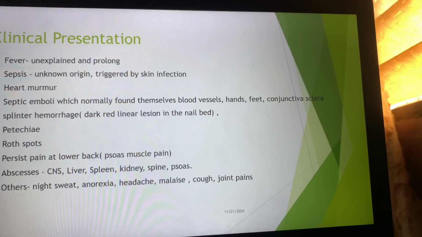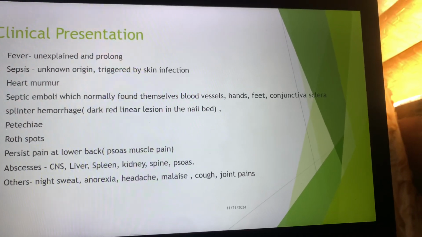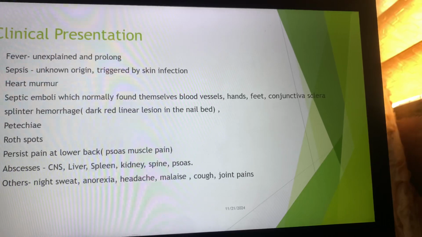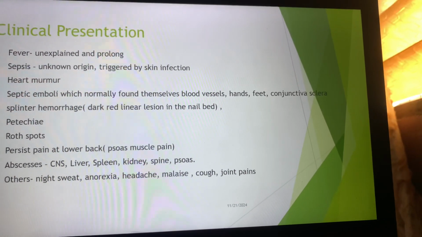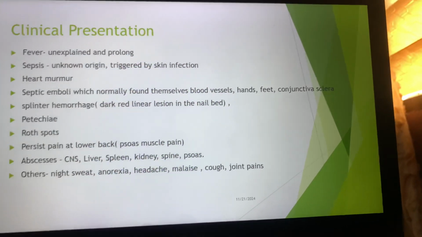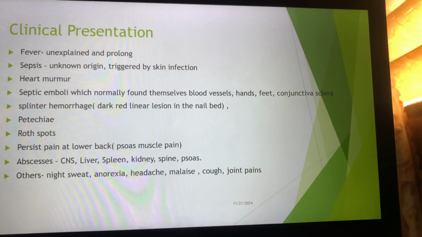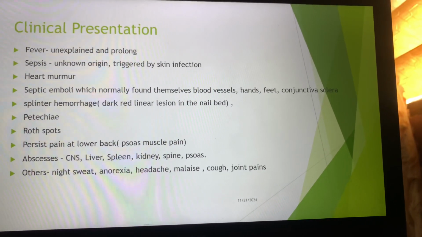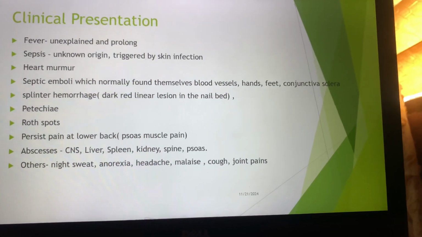The psoas muscle is affected. The abscesses: CNS, liver, spleen, kidney, and psoas. Other clinical manifestations that you must know are night sweats, anorexia, headache, malaise, cough, and joint pains.